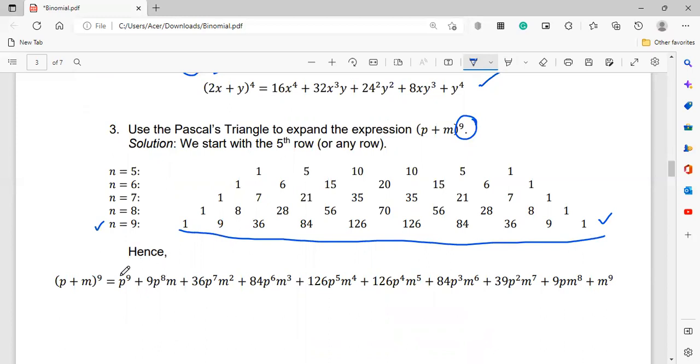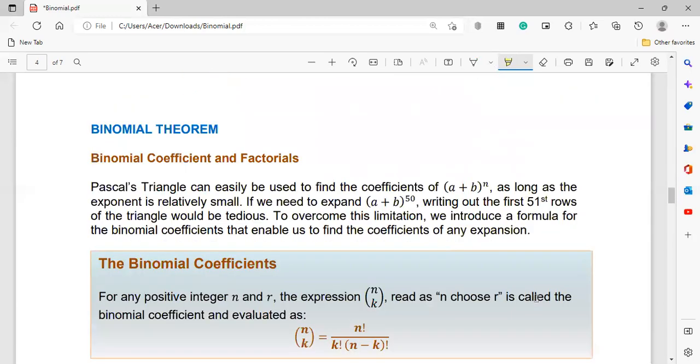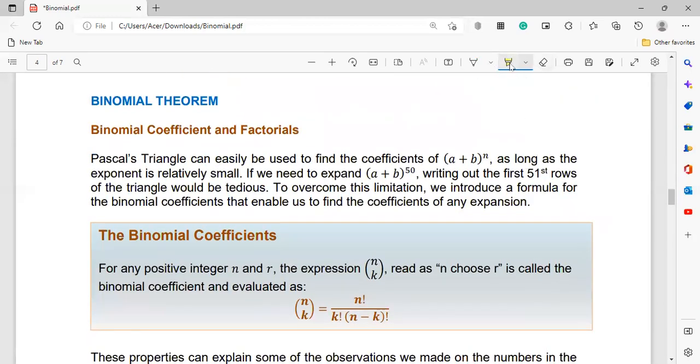And to do so, p raised to 9, 8, 7, 6, 5, 4, 3, 2, 1, and then 0. m raised to 0 is simply 1, don't need to write. m raised to 1, 2, 3, 4, 5, 6, 7, 8, 9, and then plug in now the numerical coefficients here: 1, 9, 36, 84, 126, 126, 84, 36, 9, 1. They are all symmetric.